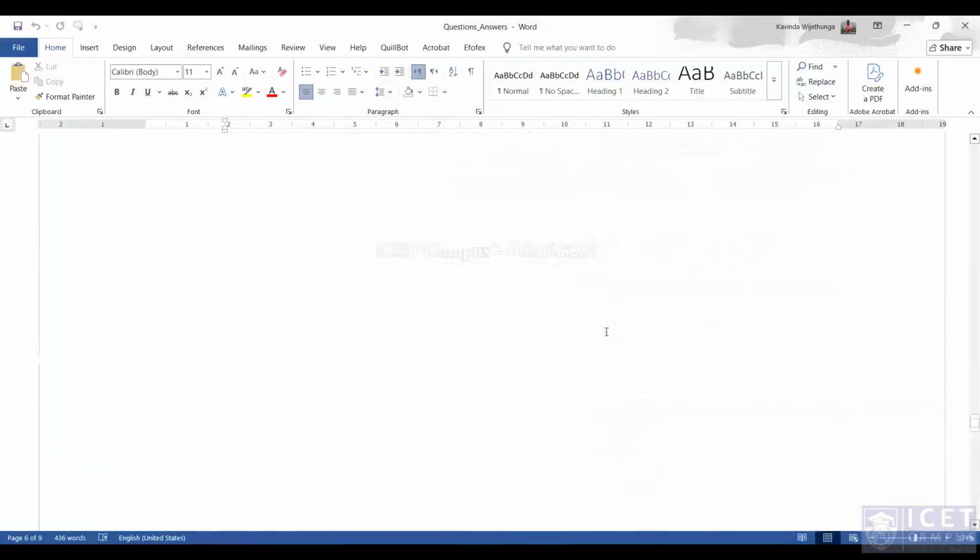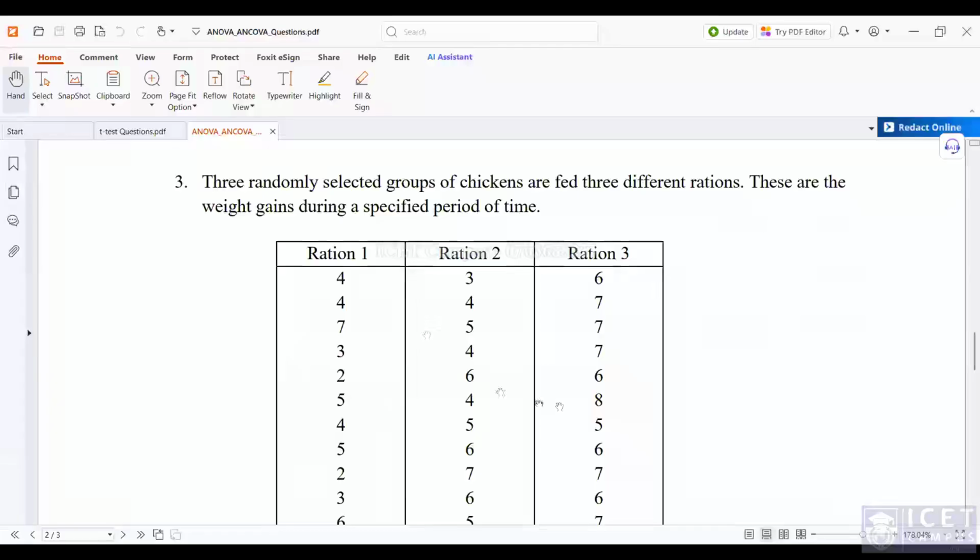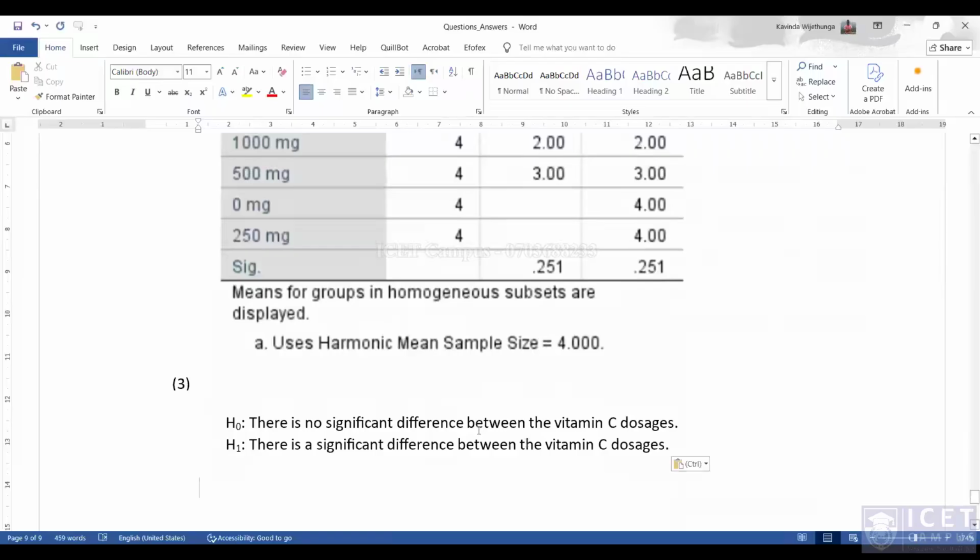Then we can write: there is no significant difference between the weight gains of the chickens.